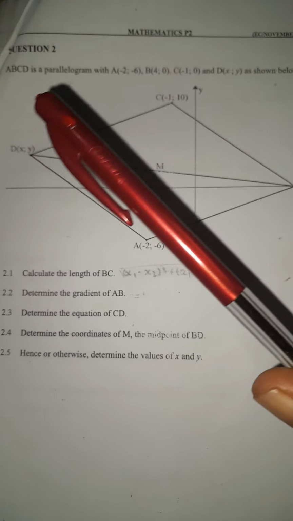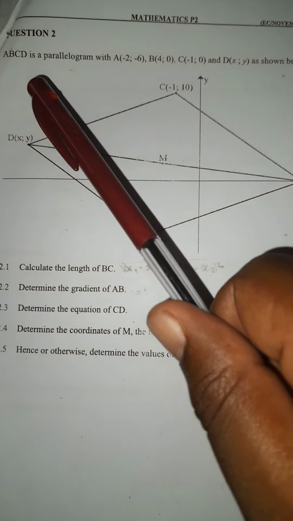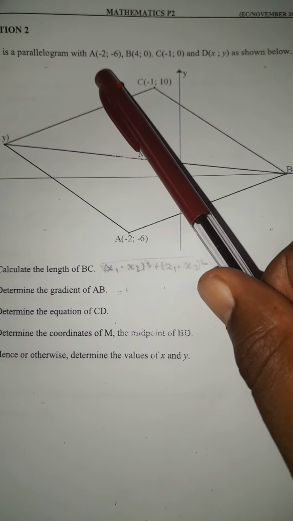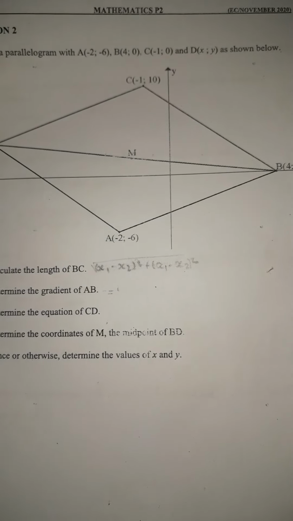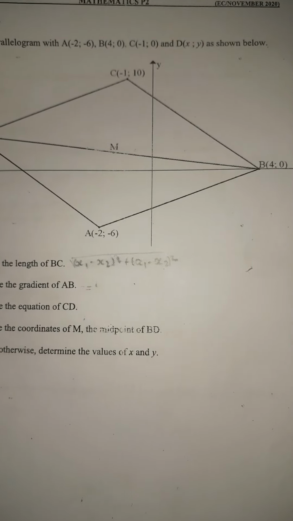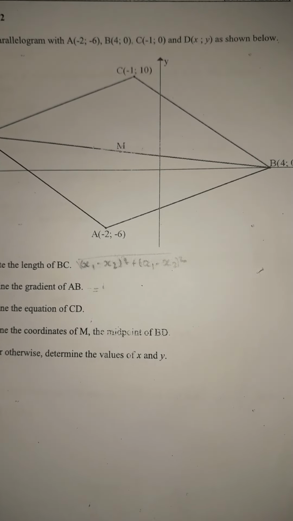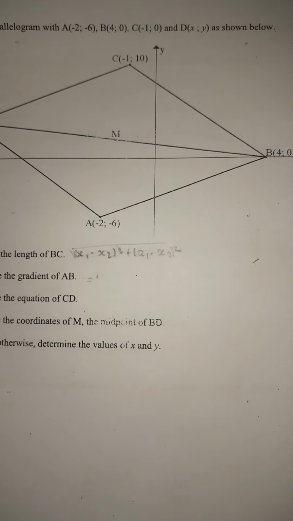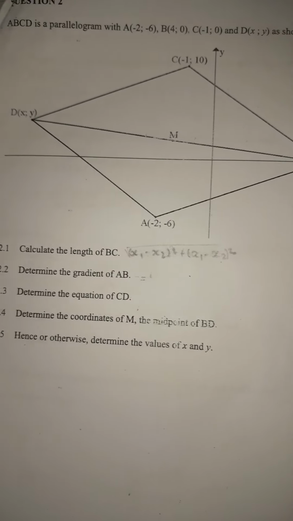At question 2, ABCD is a parallelogram with A, B, C, D. D is (x; y), as shown below. A is (-2; -6), B is (4; 0), C is (-1; 10), D is (x; y).